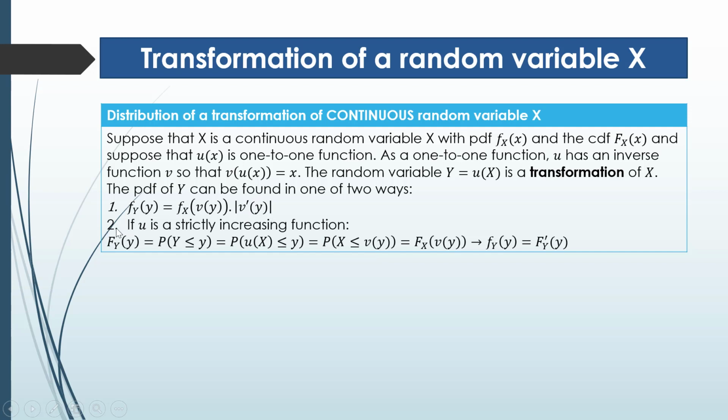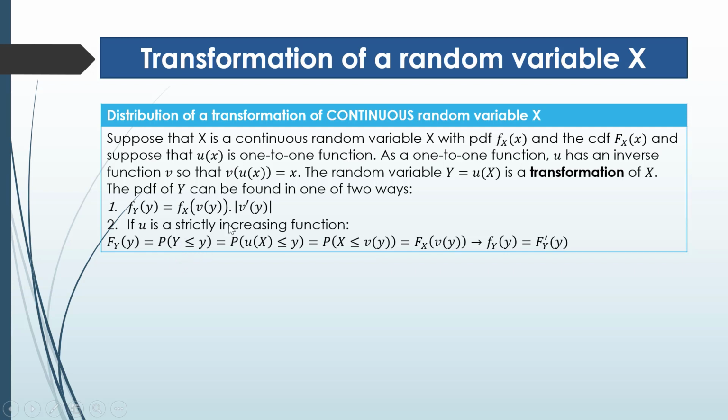The second method, we apply when u is a strictly increasing function. In this method, we start with the CDF. The CDF of Y, F_Y(y), is equal to the probability that the random variable Y is less than or equal to little y.